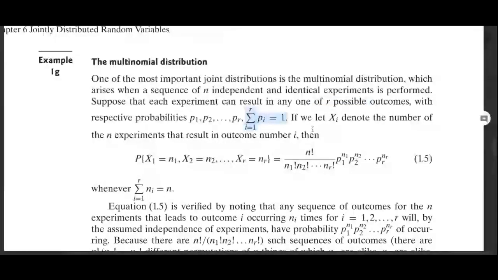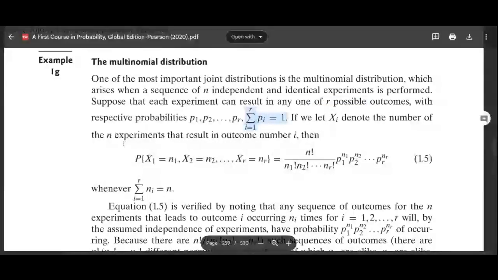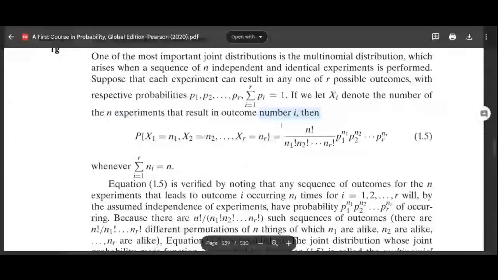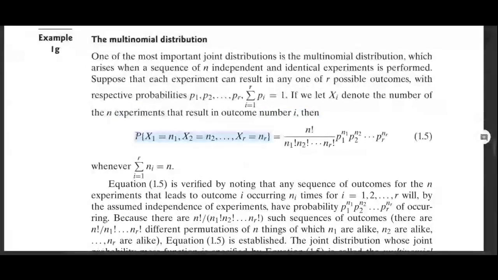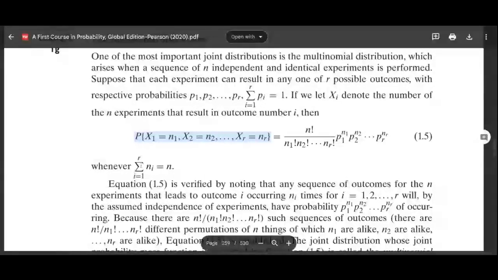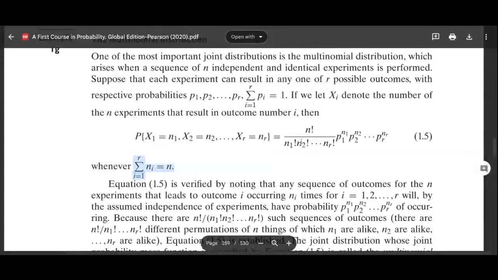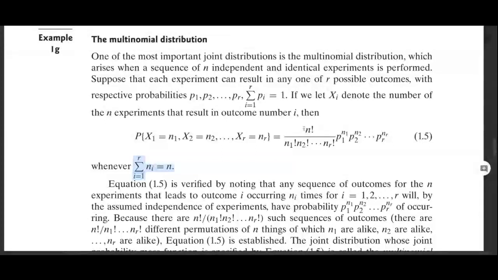If we let Xi denote the number of the n experiments that result in outcome number i, then we have the probability of this up to r as this, where all the ni's add up to the n experiments. Okay, so this is the multinomial distribution.